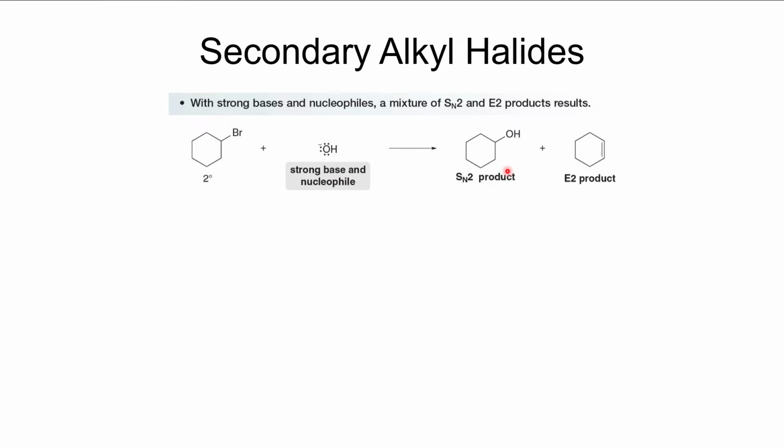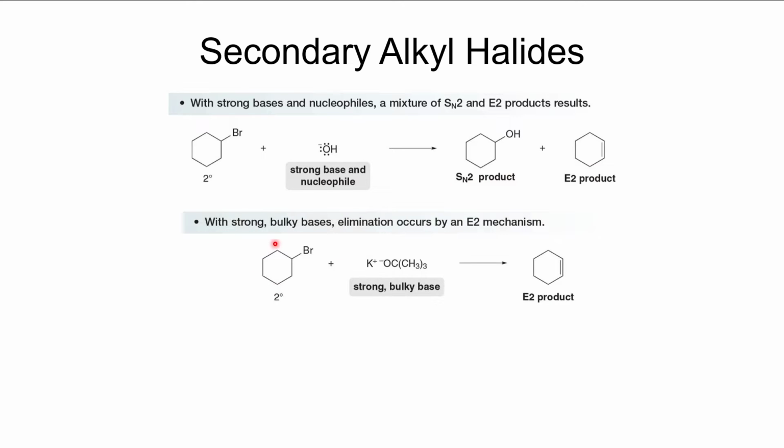And that could be kind of tricky. With strong bulky bases, the sterically hindered bases like potassium tert-butoxide, you can eliminate the substitution product and just get the elimination product. And that's convenient because that allows you to get rid of this possibility.